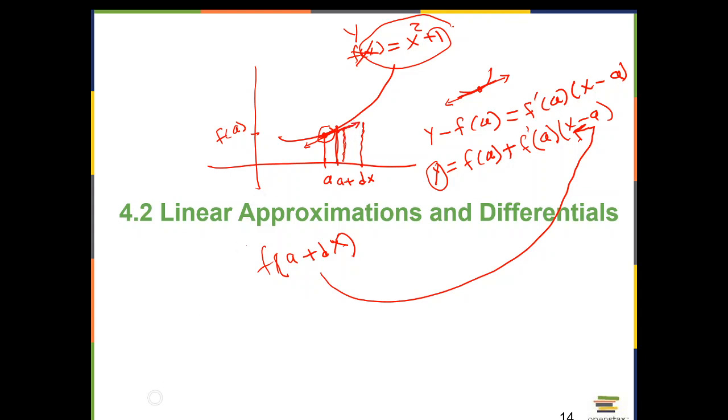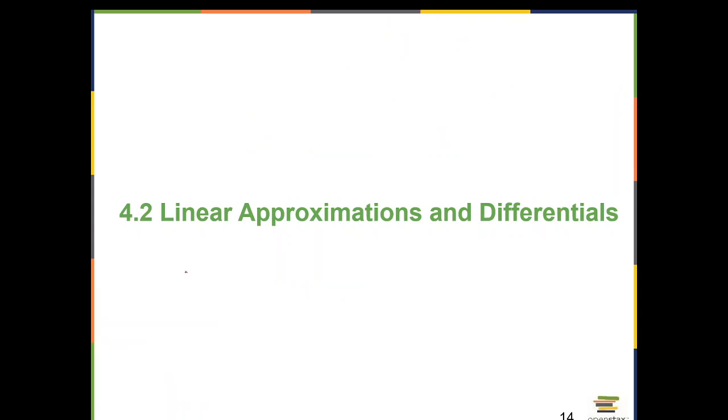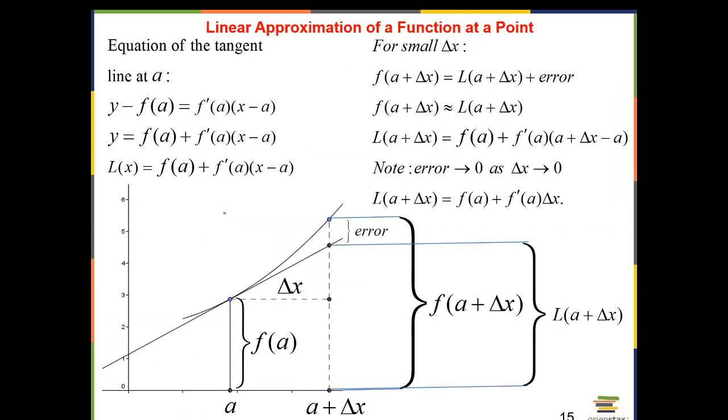That's the idea. So let me explain it a little bit more with a better drawing. So you see, we want to find the f of a plus dx or delta x. dx and delta x are the same. So if we go up to the tangent line and find that y value, that distance here would be the y coordinate of this point on the tangent line, right?